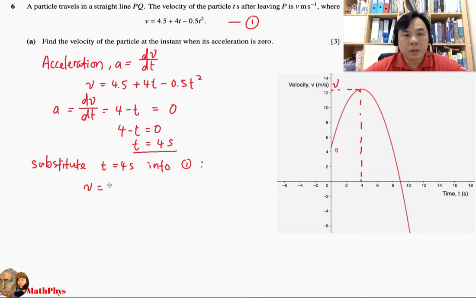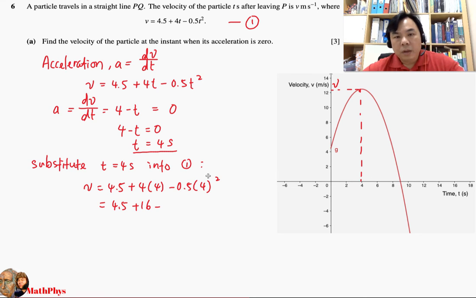From here we get 4.5 plus 4 times 4 minus 0.5 times 4 squared. 4 squared is 16, and 0.5 times 16 is 8. Yes, correct, so this is 8. So there will be 12.5 meter per second. If I check this graph, it looks like it's 12.5 meter per second.